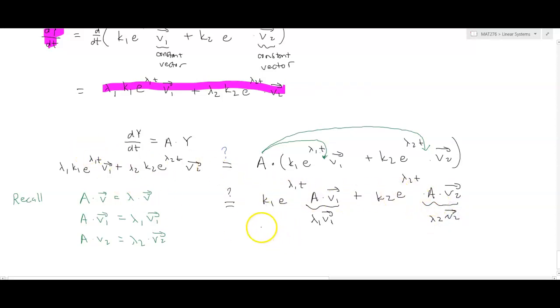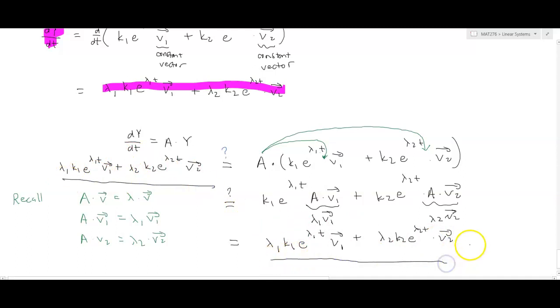Now lambda 1 is just a constant, so I can pull that constant out past the k1, and I get lambda 1 k1 e to the lambda 1 t v1 plus lambda 2 k2 e to the lambda 2 t times v2. And I see that this side and this side are now totally equal. And so that proves that this solution works.